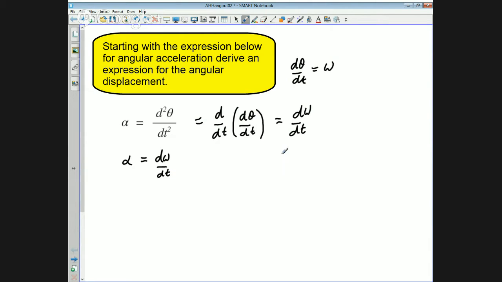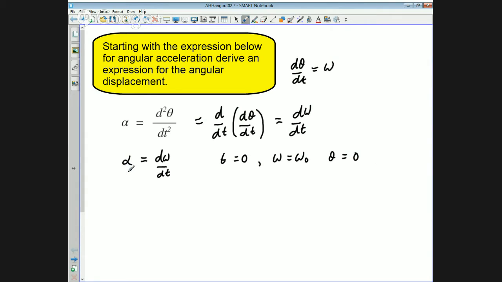Now the initial conditions in this example is that at a time t equal to 0, we have omega equal to omega naught and theta, the angular rotation, equal to 0.